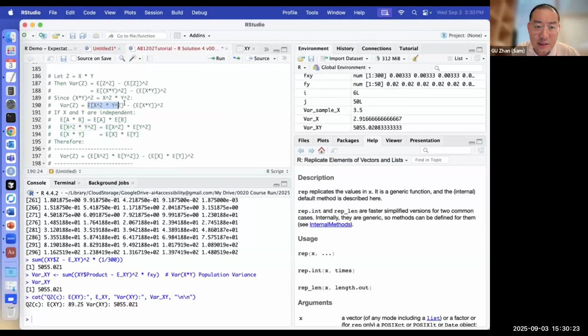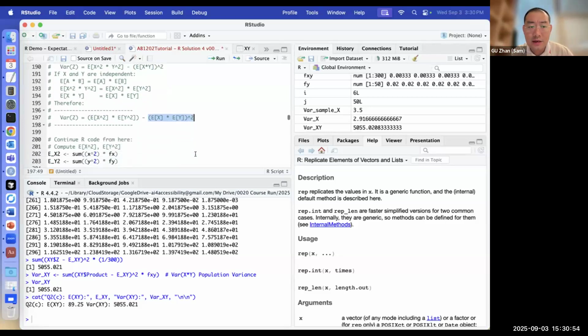So now you notice this part becomes this. Your variance of Z becomes the expected X to the power 2 times the expected Y to the power 2, minus this part, which is the expected X times Y, which is the expected X times the expected Y. Then you multiply them together, and then square it.